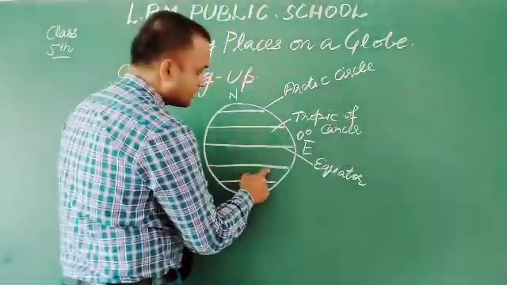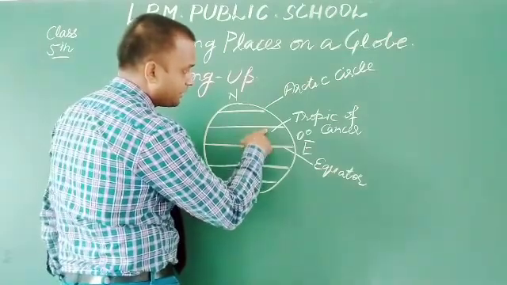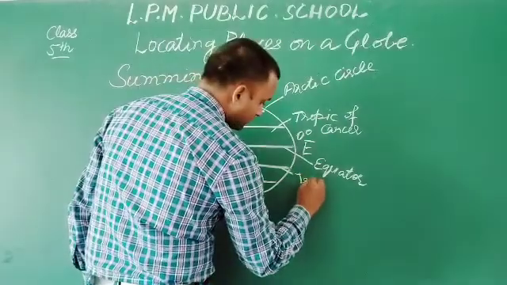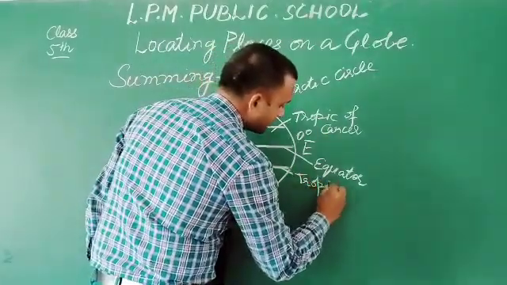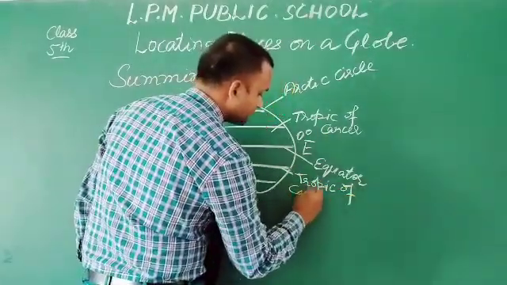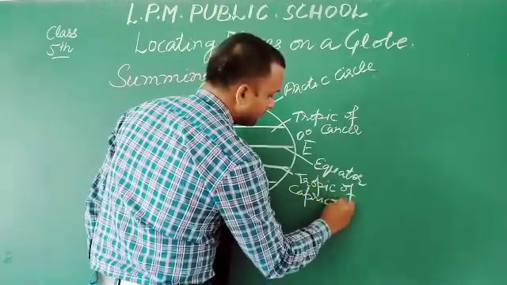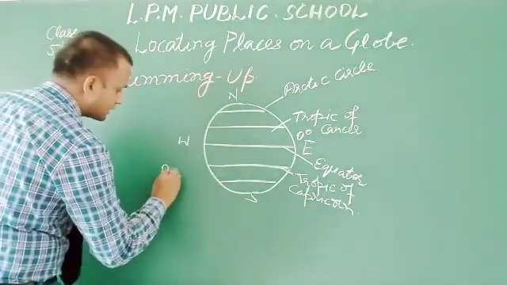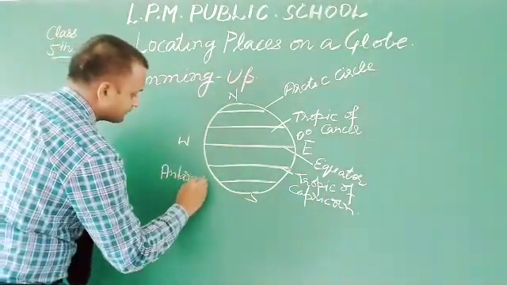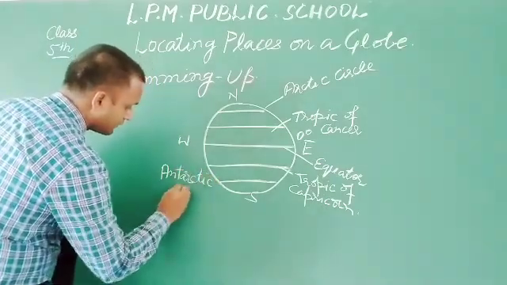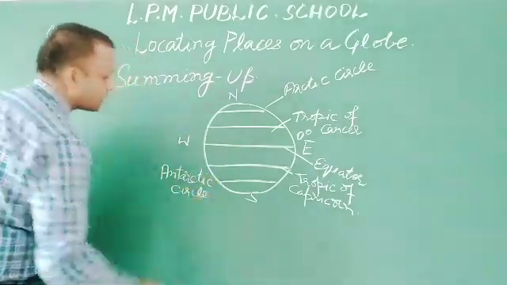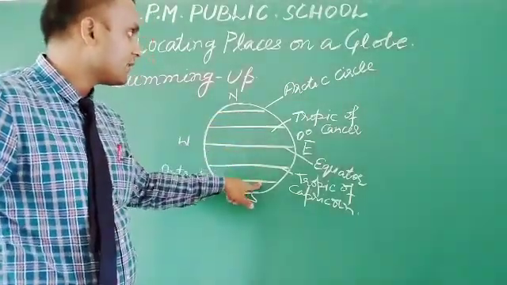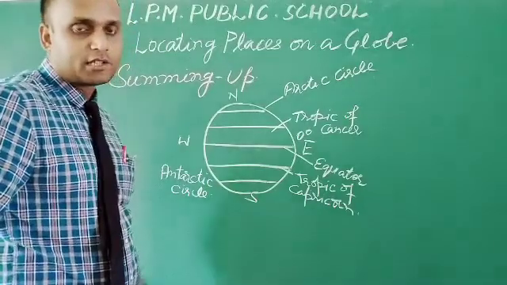This line, just opposite to the Tropic of Cancer, is the Tropic of Capricorn, and this line is the Antarctic Circle. Okay, got it? So these are the important parallel lines. We had completed this in our chapter.